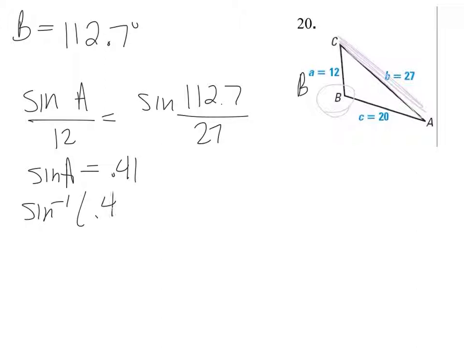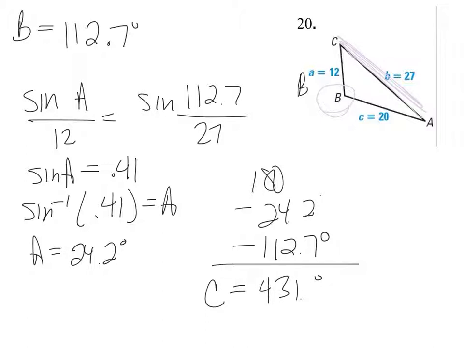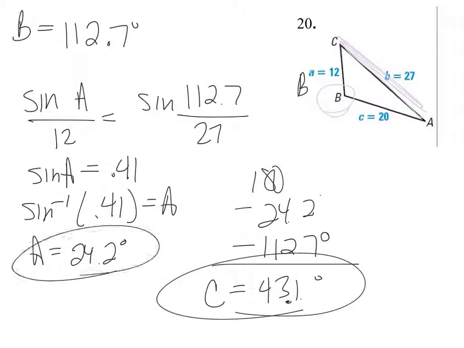Sine to the negative 1 of 0.41 equals A. So angle A is 24.2 degrees. 180 minus 24.2 degrees minus 112.7 degrees is going to give me angle C. C is 43.1 degrees. There's my point. And all the sides are found.